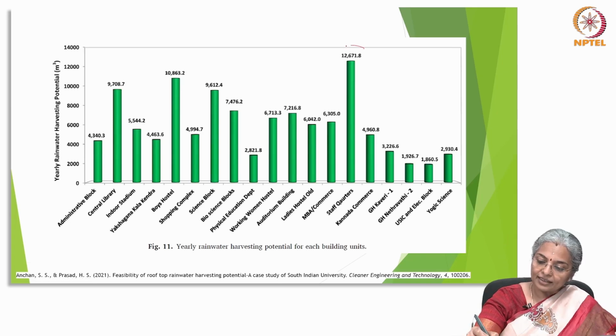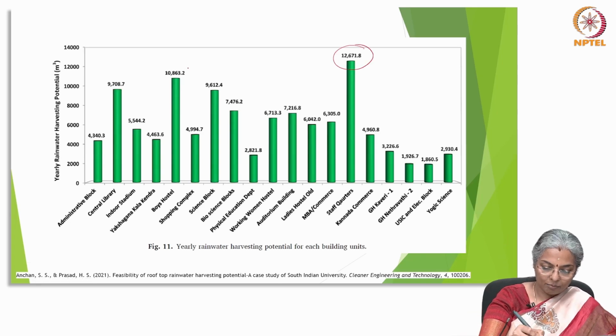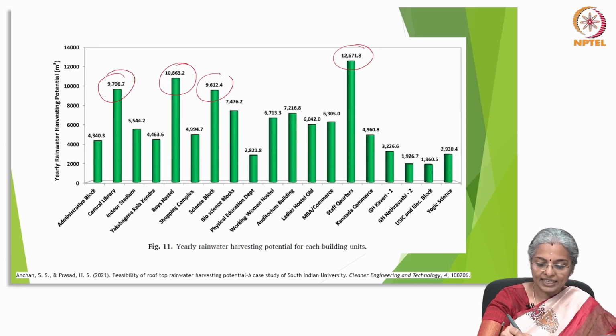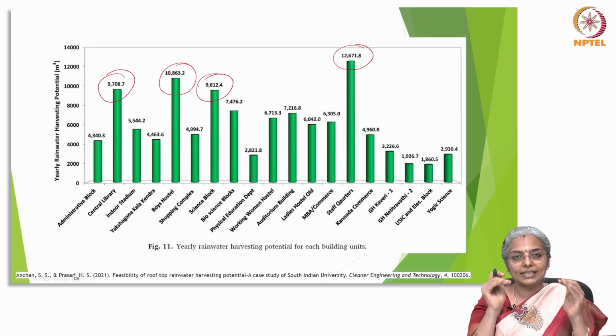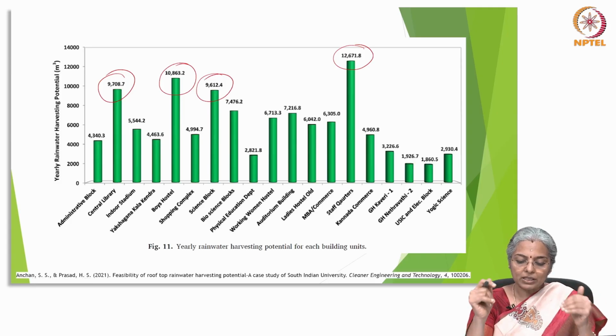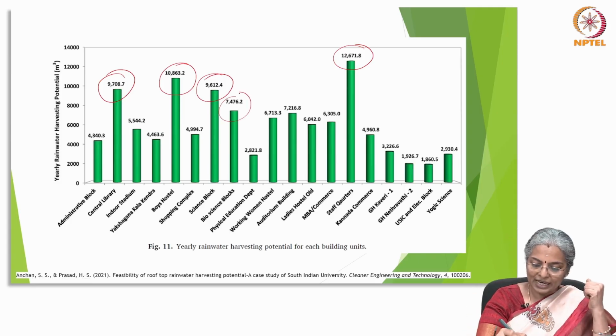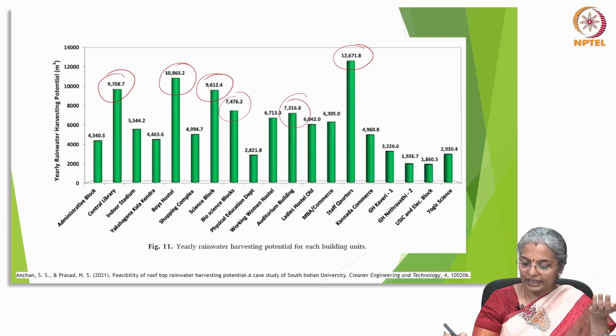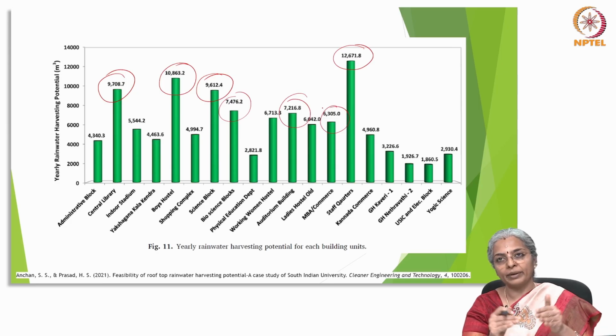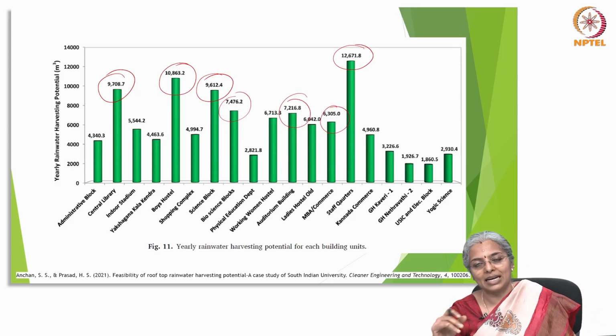It shows that the staff quarters, the boys hostel, the central library and science block had the maximum potential, whereas some other buildings such as bioscience block, auditorium building, and MBA commerce had medium potential, and there were some which had less potential.